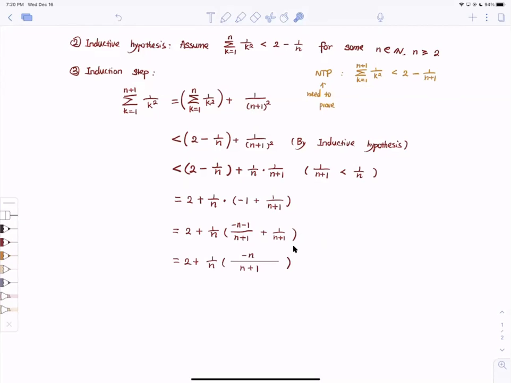Now you see that we can cancel those two terms out, and we got this term already. So this is going to give you 2 minus 1 over n plus 1, as required.